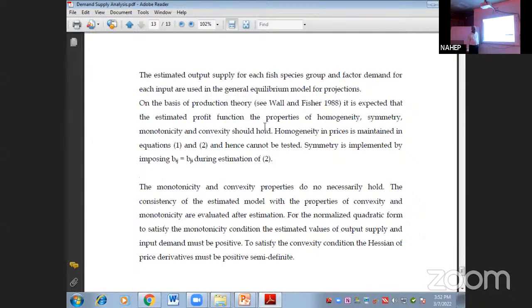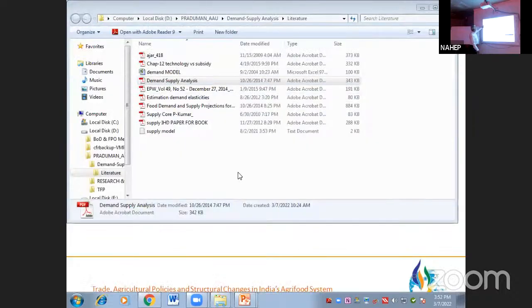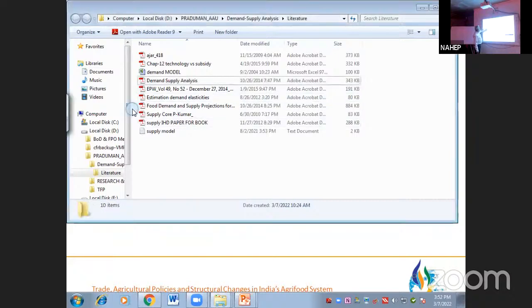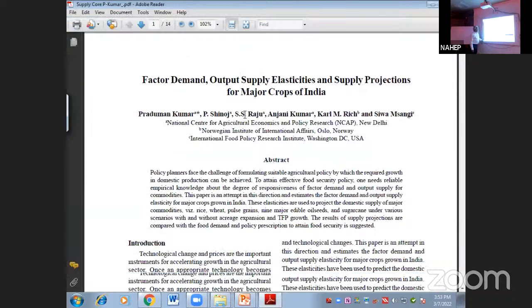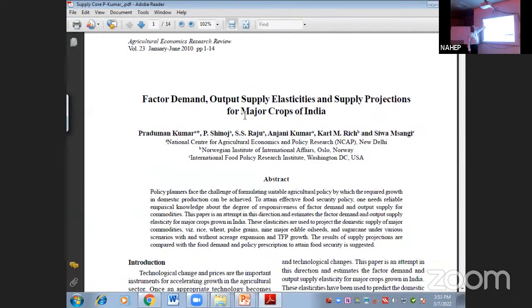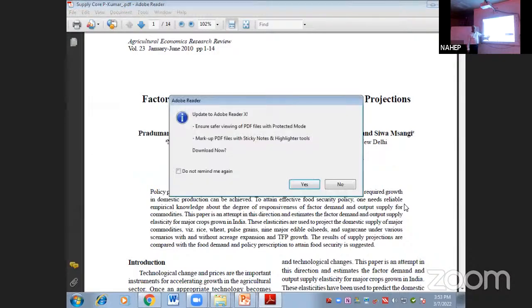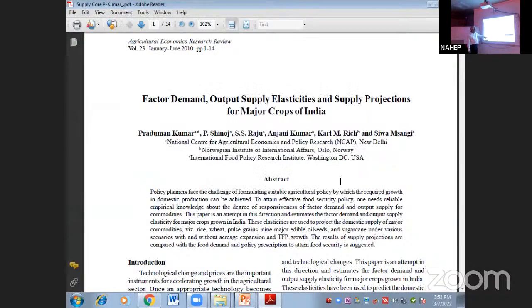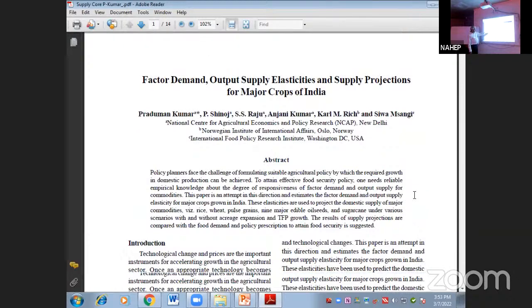So you read this, and then if you want to go deeper, read the supply system paper. This is the paper you read. Then you find all the empirical results, how this translog model has been used.